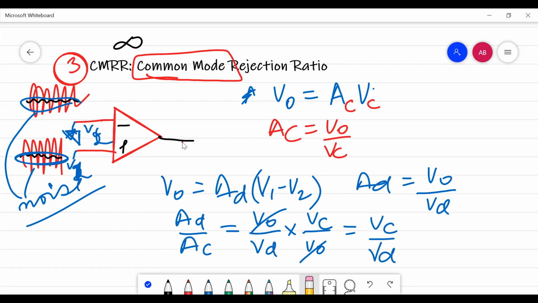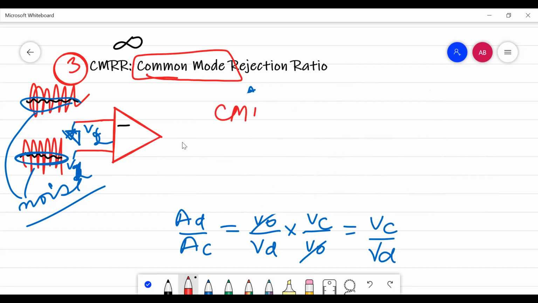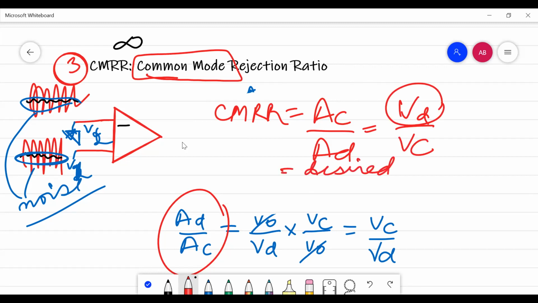Now when we talk about CMRR, it is actually the ratio of differential gain to common mode gain, the reciprocal of this. So that gives you VD to VC, that is, the differential signal or the desired signal to the undesired signal, because the common mode signal is the noise.